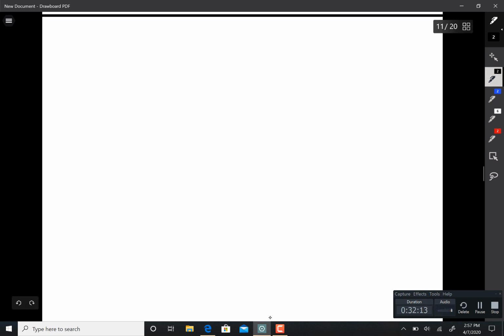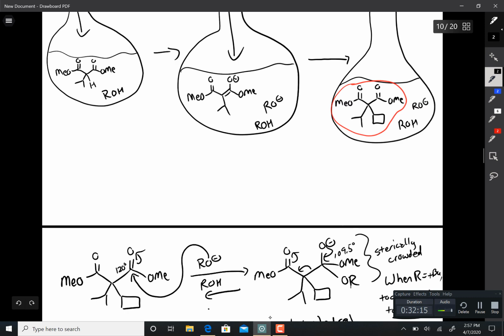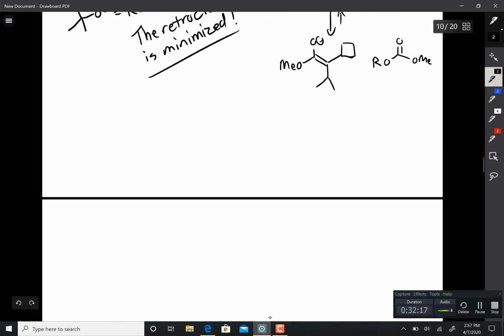Now you can do this type of dicarbonyl synthesis with other molecules. For example, you could do it with this molecule right here. It's called an acetoacetate. This one is acetylacetone.